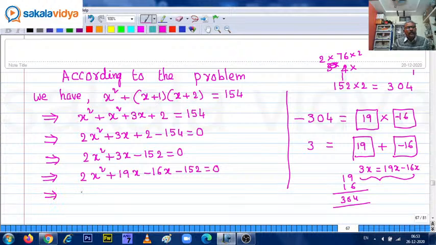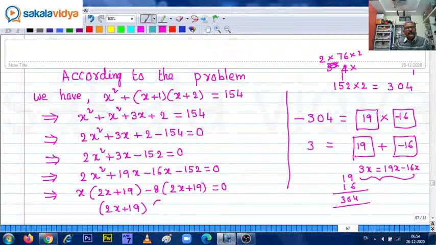Now take x common. If you take x common, you get 2x plus 19. Take minus 8 common. To get 2x, you need to get minus 8 common. 2x plus 19, write down, no problem, equal to 0. Now the 2x plus 19 is common. We have x minus 8 equal to 0.